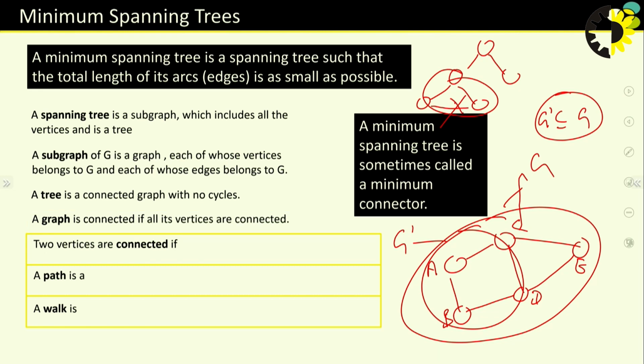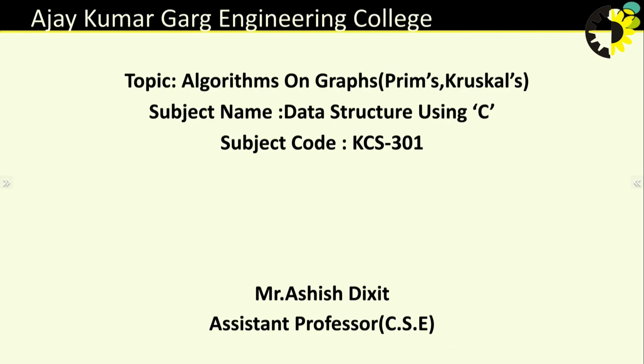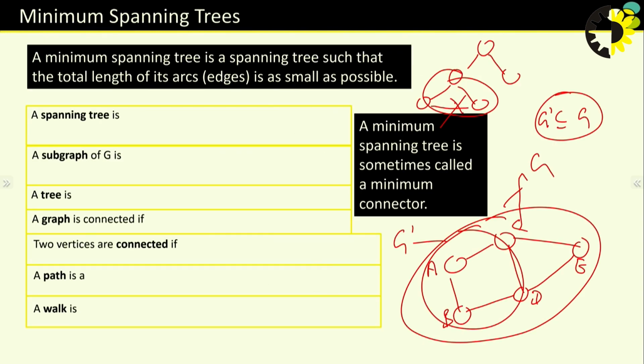A graph is connected if all its vertices are connected. Two vertices are connected if there is a path between them. And what is a path?